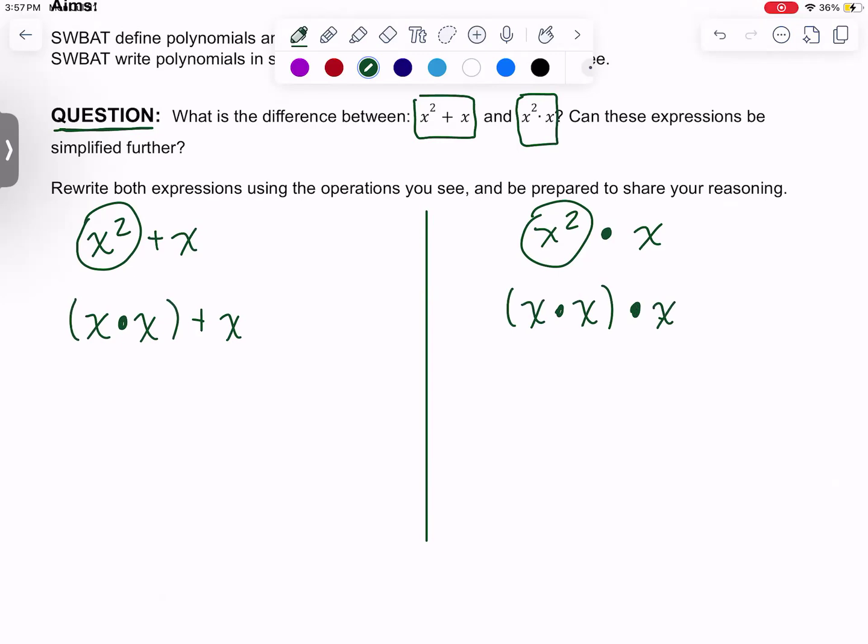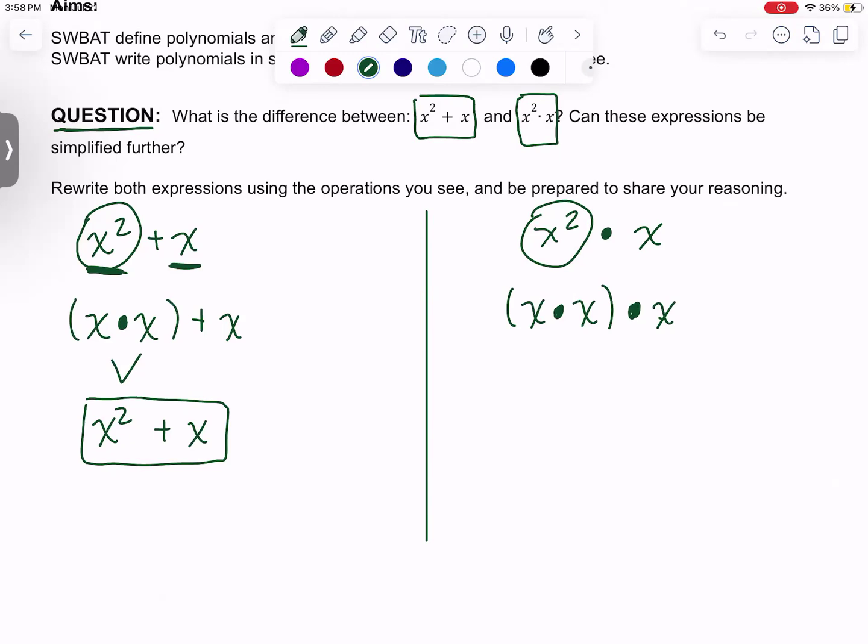Which one can be simplified would be the one with all the multiplication. The one with addition can only be brought back to x squared plus x. These are not like terms. The original two, x squared and x, even though they have x, they're not like terms because one has an exponent and one doesn't. So you can't add them.